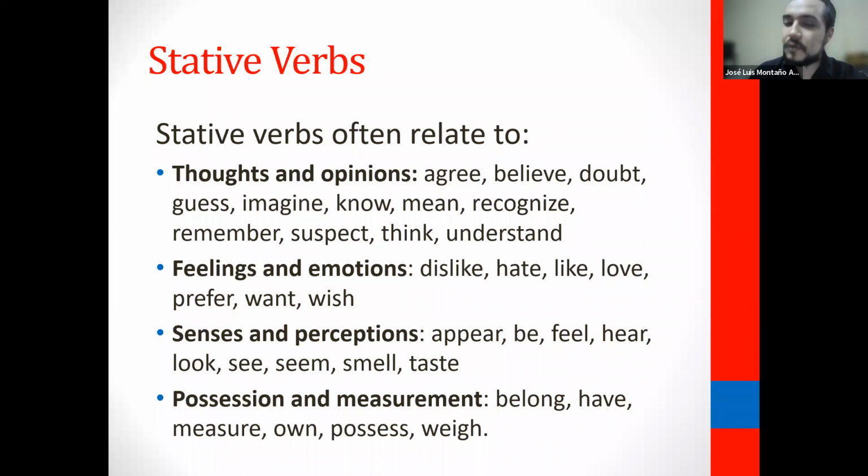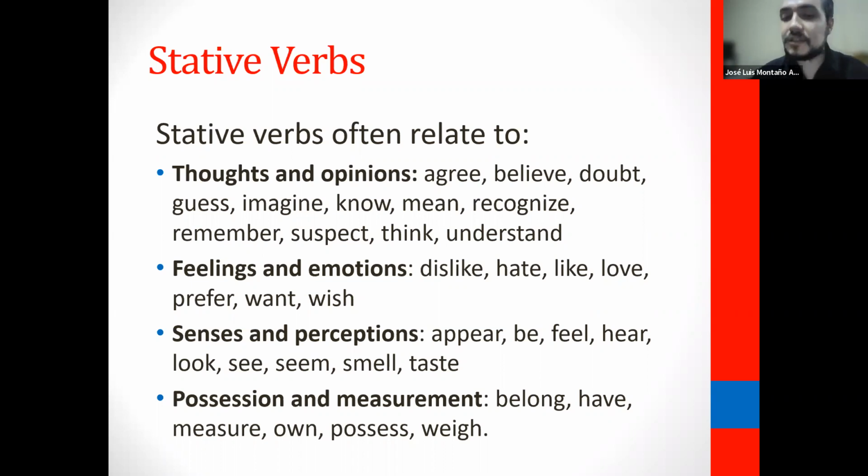The verb to be, of course, but you have exceptions: feel, hear, look, see, seem, smell, taste. But again, you're going to have exceptions because the meaning can be different or the way in which you can use the verb. For example, we are going to learn about be, look, see, seem, smell. Pay attention to those verbs.